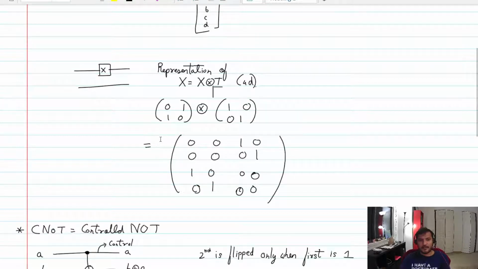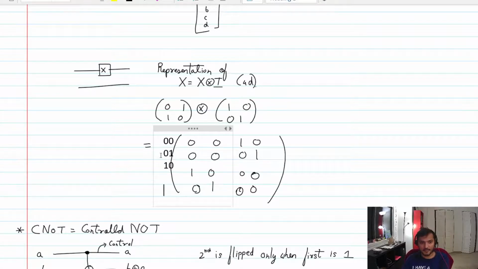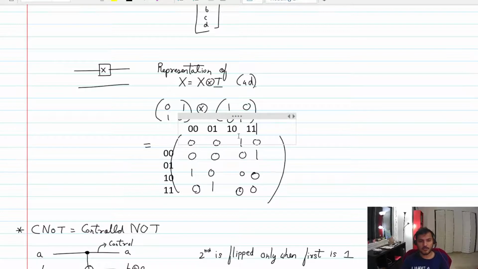Another way to think about it is to think of the rows as numbered like this, and even the columns: 00, 01, 10, 11. Oh wow, it's a bit difficult in OneNote.